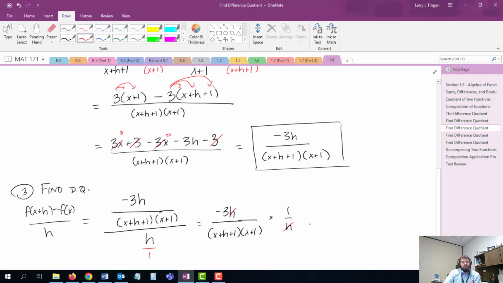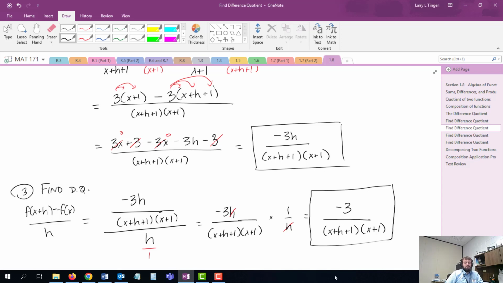The h's divide out, and I now have negative 3 over x plus h plus 1 times x plus 1. Can I plug in 0 for h and not divide by 0? Yep, that means I'm done.